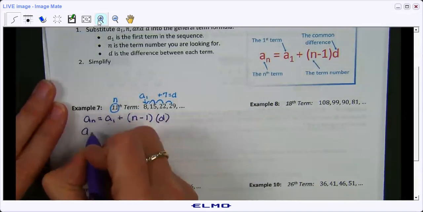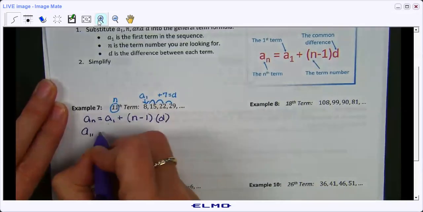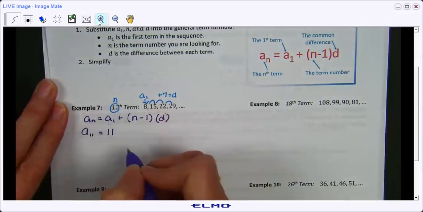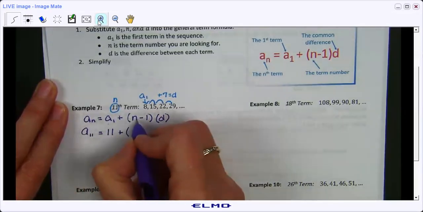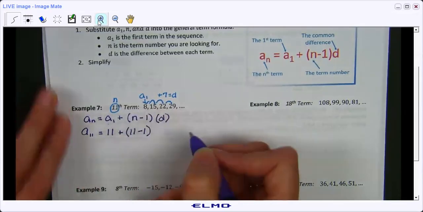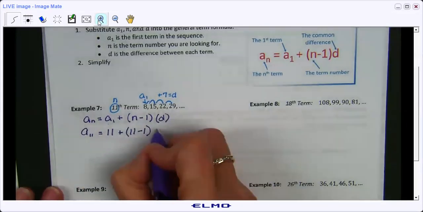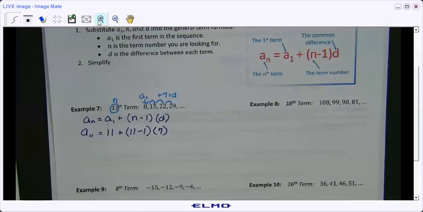So we have a with a subscript of n, and n is 11. The first term, 8, plus, in parentheses, the term you're looking for, which is 11, minus 1, close your parentheses, and then we're going to multiply that by the common difference of 7. Yes? Is the first term not an 8?